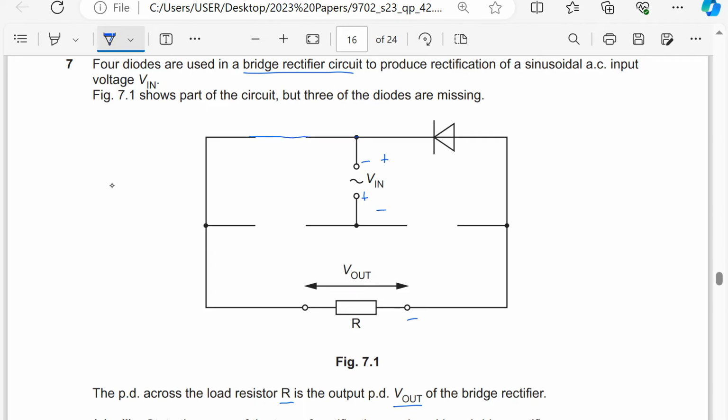If I make this diode like this, okay, if this is positive, for the first half cycle, this conducts, current enters here. So this should be facing this direction, I guess.